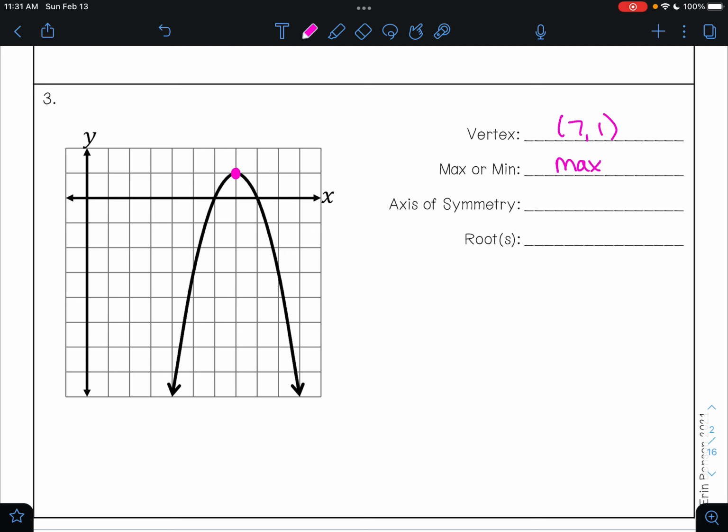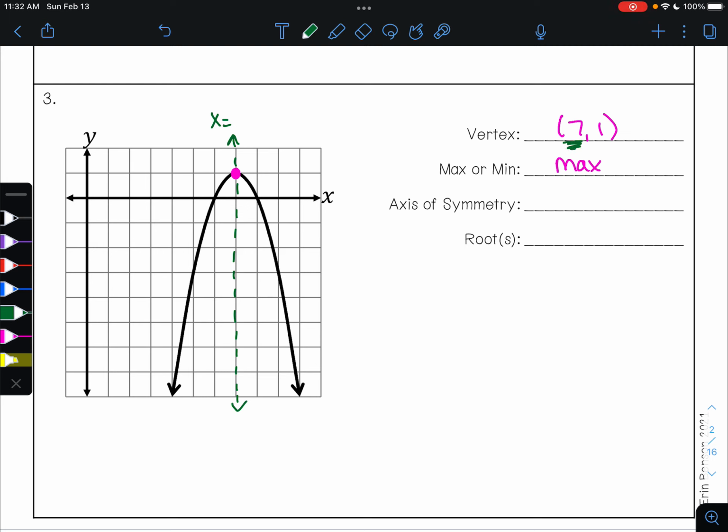The axis of symmetry is the same thing as a line of symmetry, and that is a line that goes straight through the vertex and cuts your graph into two pieces. So we have this piece and this piece. Your axis of symmetry is always an equation. It is always x equals a number, and that number always comes from the x-coordinate of your vertex.